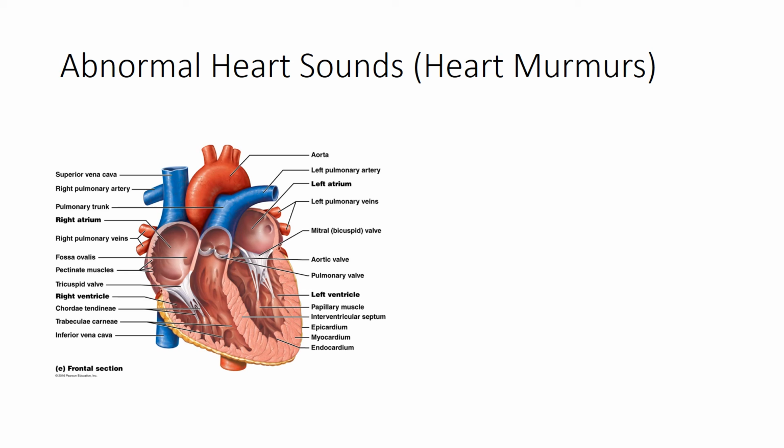A heart sound can be a sound that's in addition to the first and second heart sounds, or the first and second heart sounds may sound different than normal. So they might be louder or longer or have a different pitch.